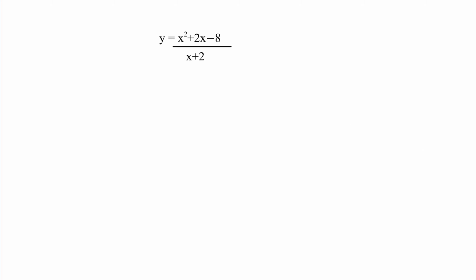So as an example, let's do this problem right here. To find the vertical asymptote and domain, we look at the denominator. So we say x plus 2 is equal to 0, and then we solve for x. So we have x is equal to minus 2.